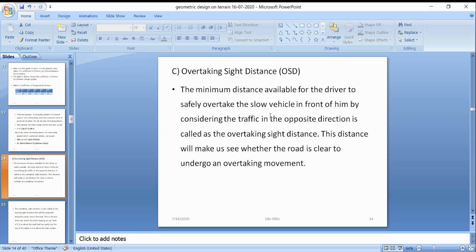As per the IRC, a single lane is 3.75 meters, the vehicle width is 2.44, and for side clearances there are 0.68 plus 0.68, on either side. So that much distance is provided to see whether the vehicle can overtake or not.